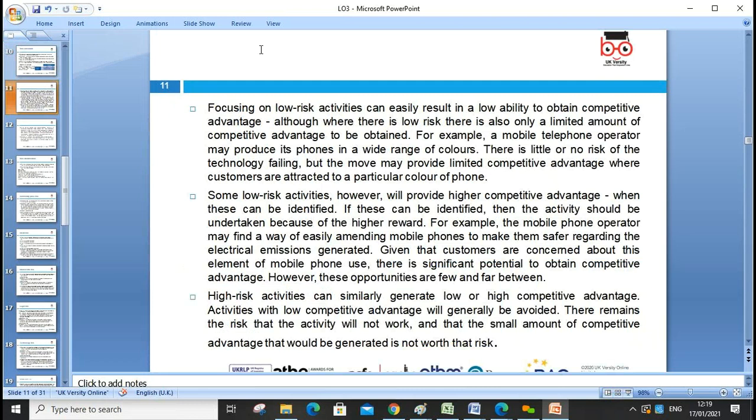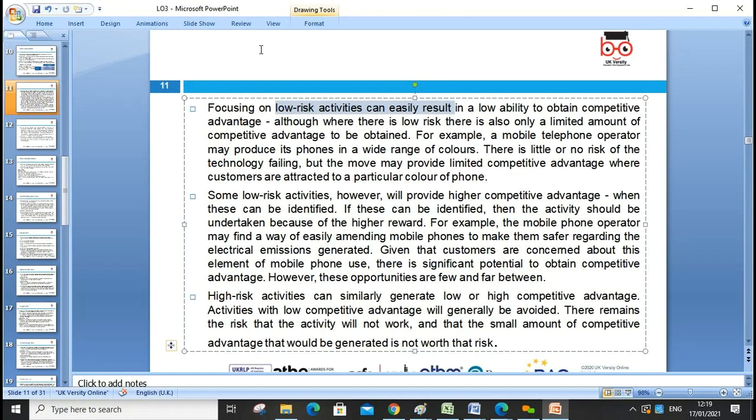Okay. So focusing on the risk, an activity can easily be low ability, so we can't take the competitive advantage. You have to understand, and we have to look at what losses can be. A mobile phone operator will produce its phone in a worldwide range of colors.